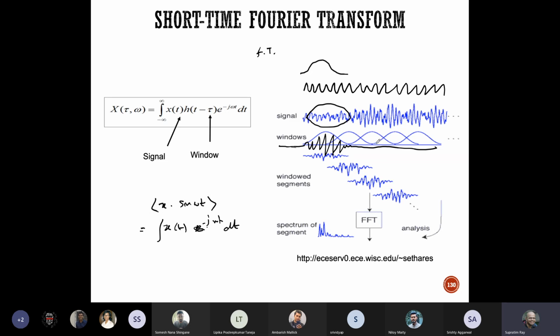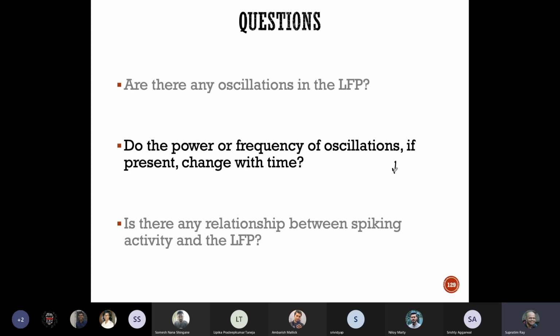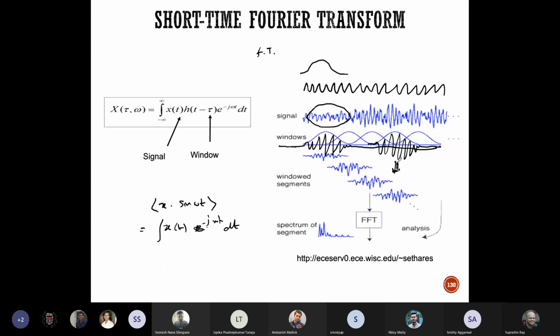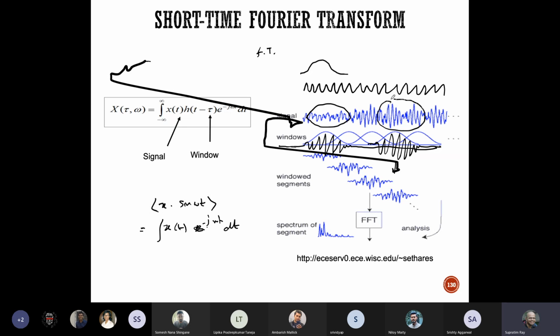And you are going to translate the filter to a different location. So the filter will look like this, and you compute the Fourier transform again, and then it will give you another value which corresponds to the properties of the signal at this time.